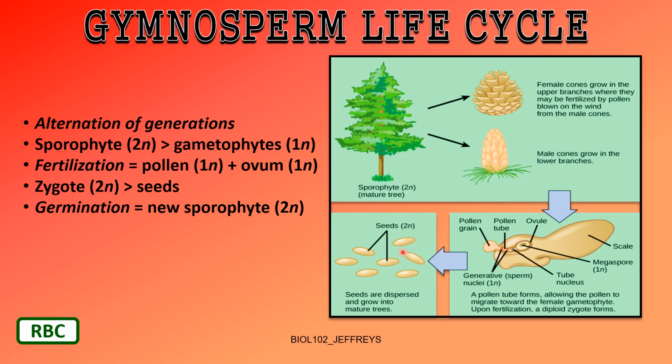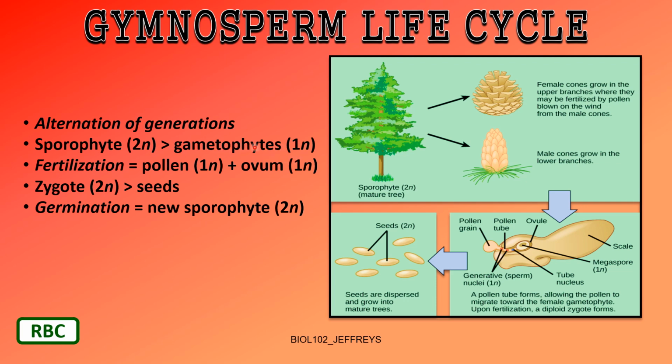Now these are naked seeds in the case of gymnosperms, and they are dispersed, it says, and grow into mature trees. So if you plant one of those piñones, if it's not been processed, then you'll grow a new little tree. All right, so sporophyte 2N generates gametophytes, which are 1N.